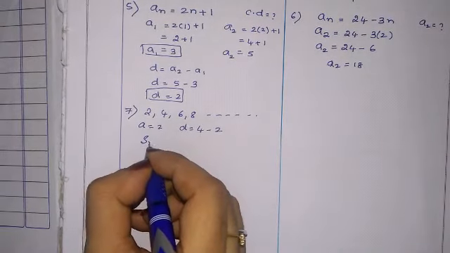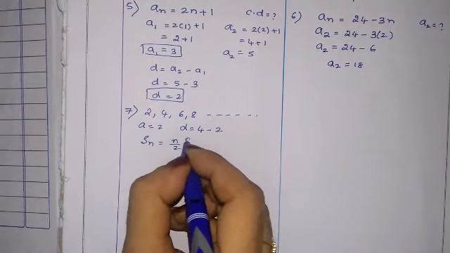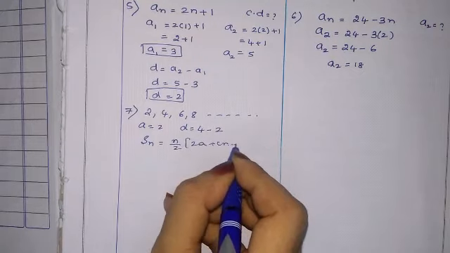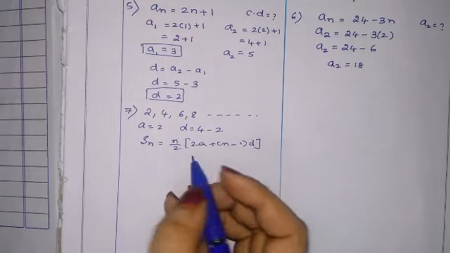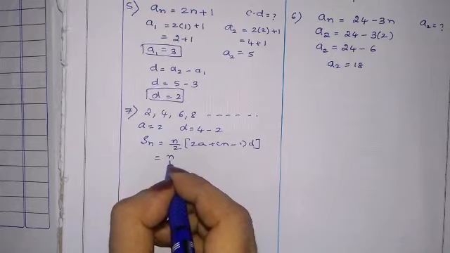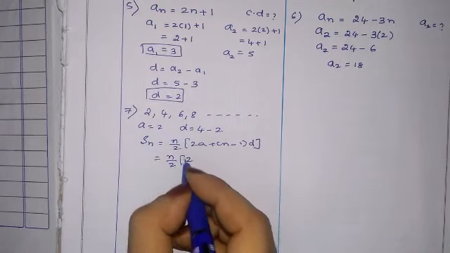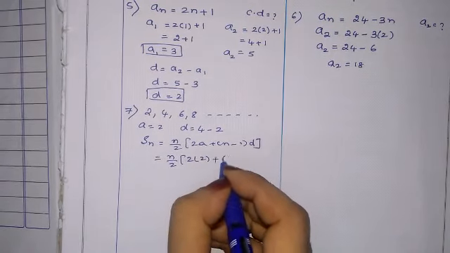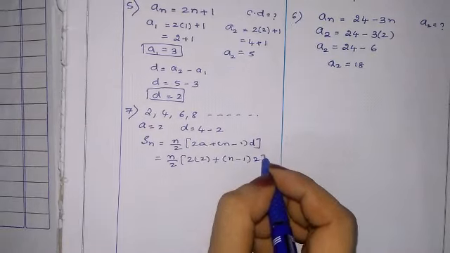So we know the formula Sn is equal to n by 2 into 2a plus n minus 1 d. So Sn is n by 2, 2 into a, which is 2, plus n minus 1 into d, which is also 2.